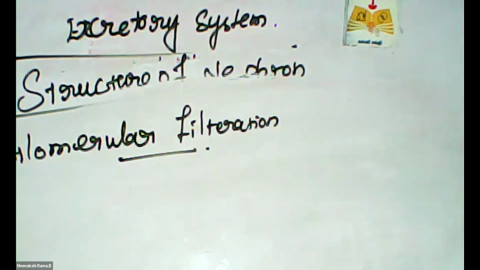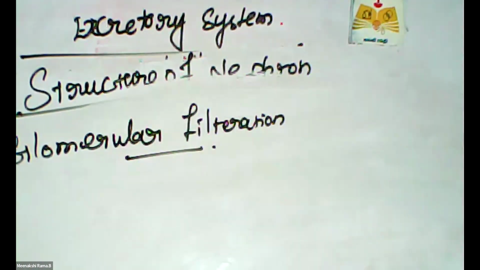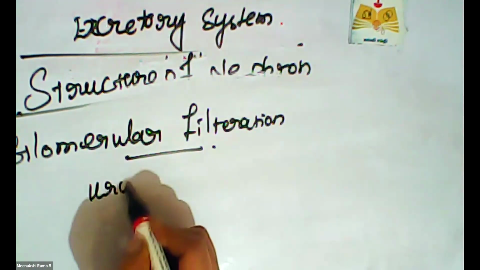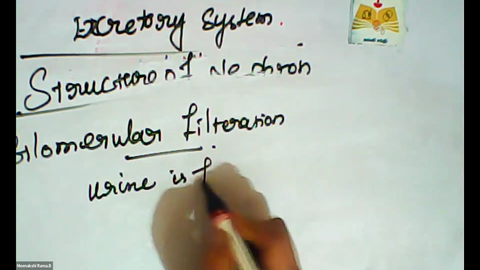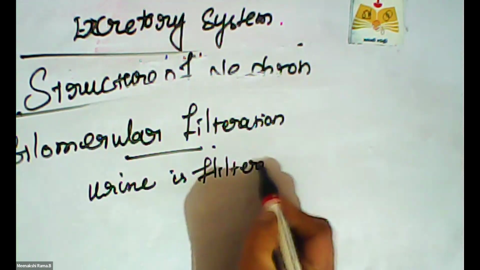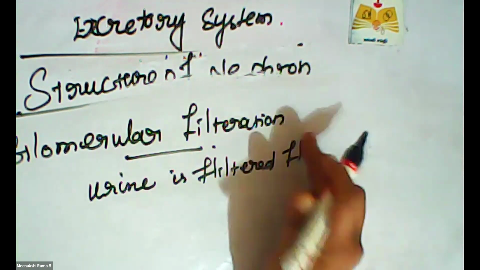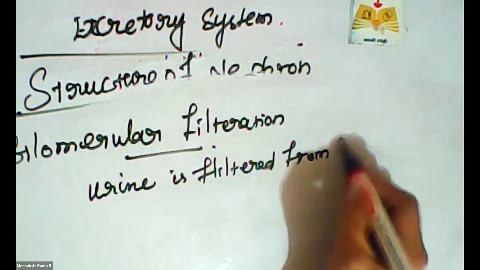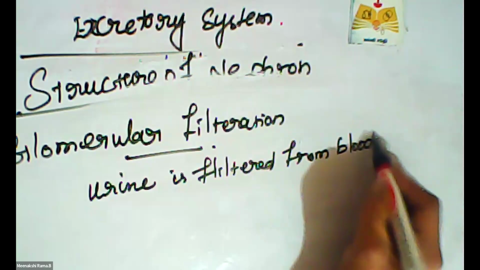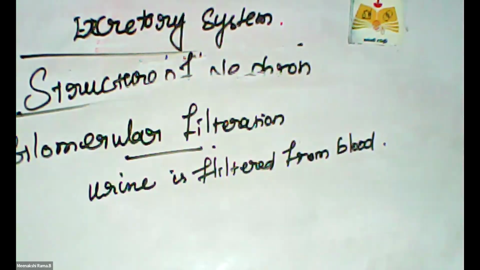Yes, glomerular filtration means urine formation begins with the filtration of the blood. The urine is filtered from our blood. Okay, so the blood is filtered through the epithelial walls, that is the glomerulus and the Bowman capsule. The filtrate is called glomerular filtrate.